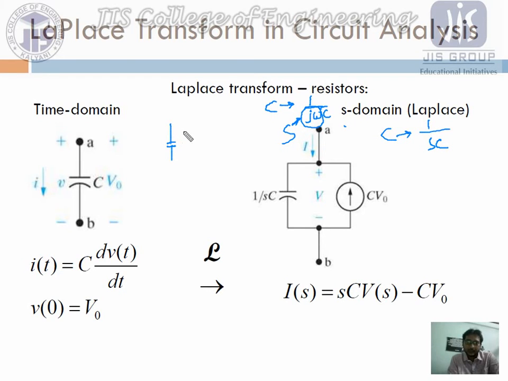So for the capacitor it will be 1 divided by s into C. As this is my capacitor, this is the amount of current. So for the capacitor we can write 1 divided by sC.